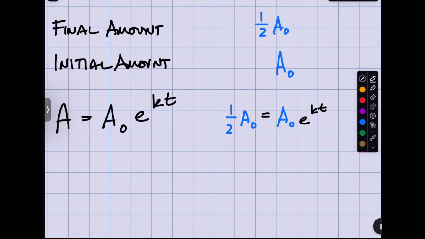I'm trying to show you how to derive a so-called formula here. So since I have A sub 0 on both sides, let's go ahead and divide both sides by A sub 0. Would you agree with me that I would have 1/2 equals e to the kt again?